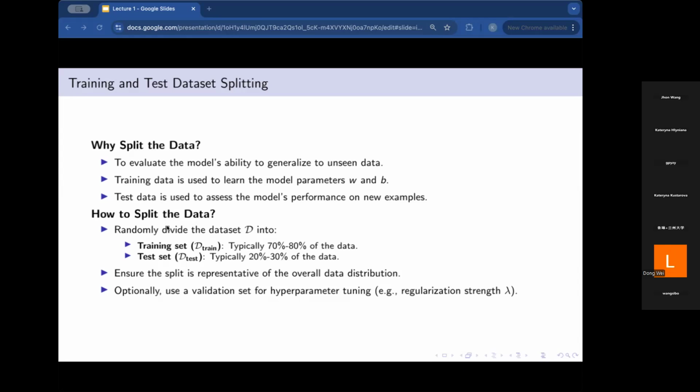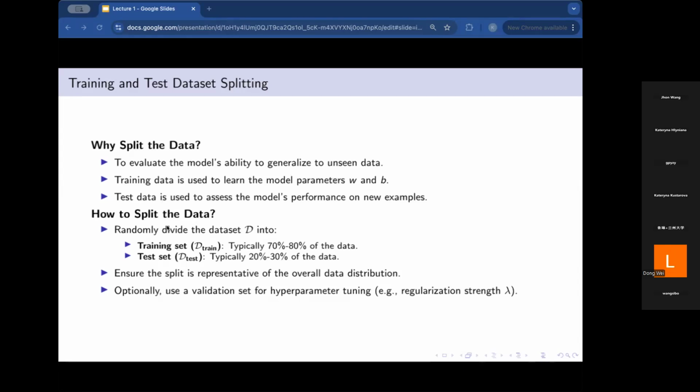How to split the data? The data set is randomly divided into two parts, the training set and the test set. Typically, we use around 70 to 80% of the data for training and 20 to 30% for testing.